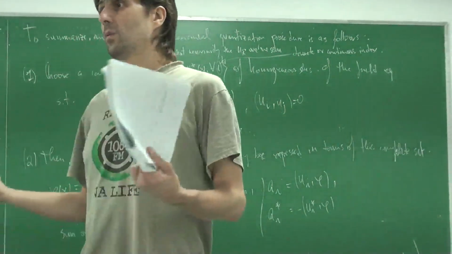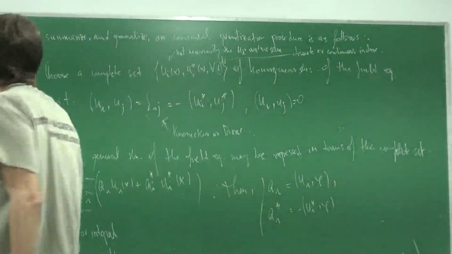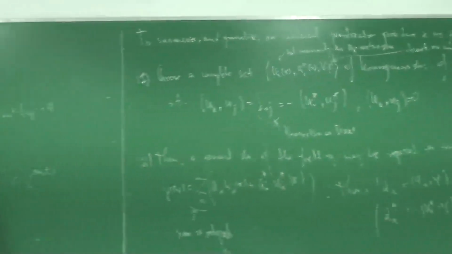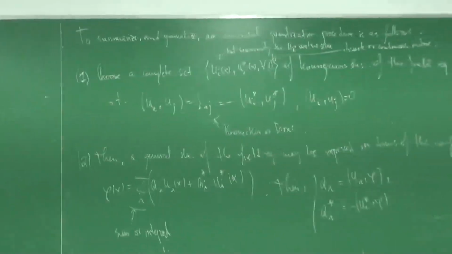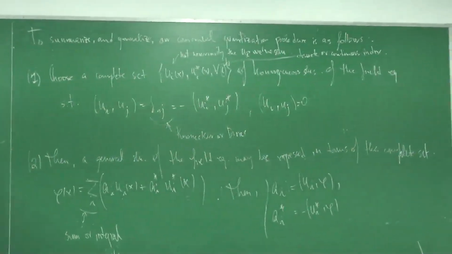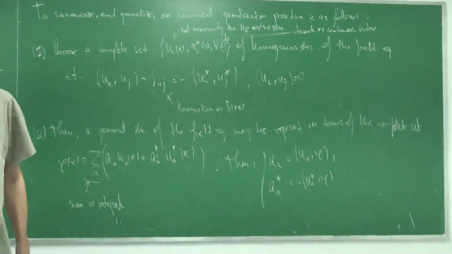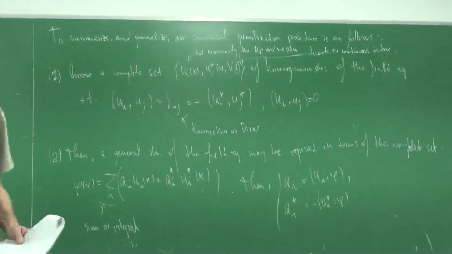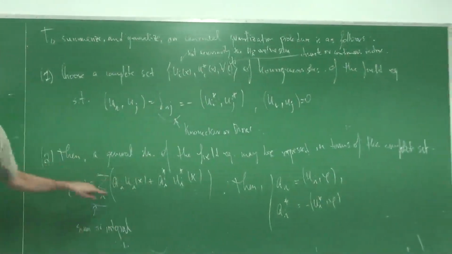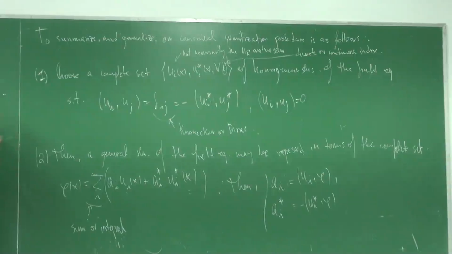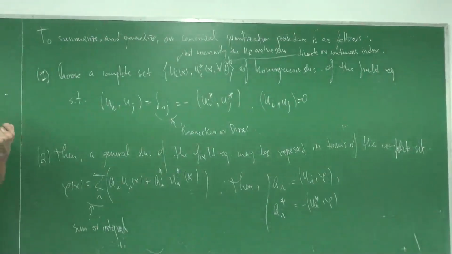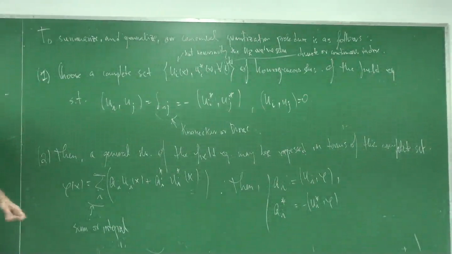Okay? We still haven't quantized. The next step is to quantize. But review it. Whenever you write it like this, you're writing it as a combination of harmonic oscillators.